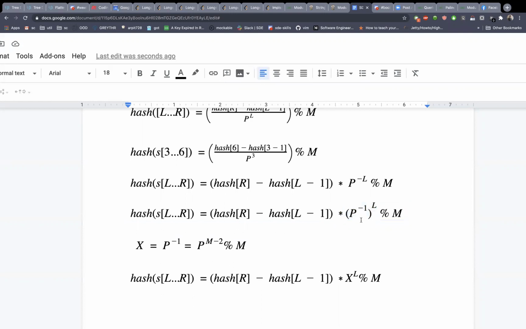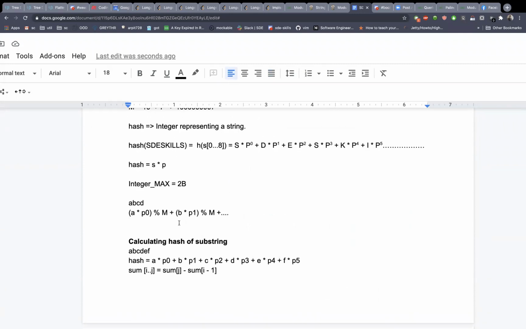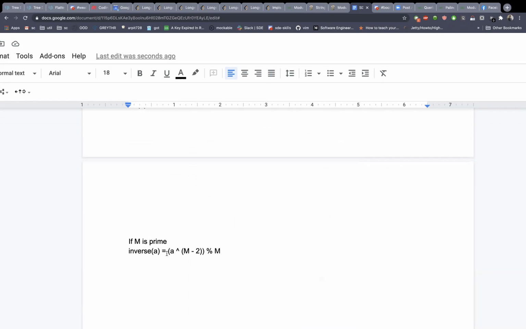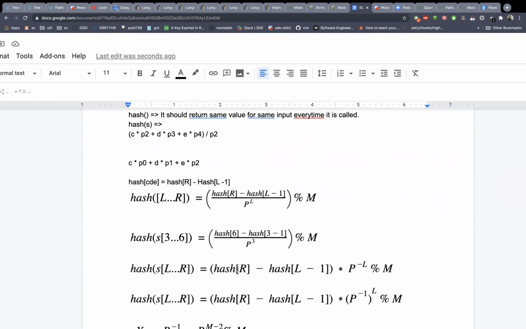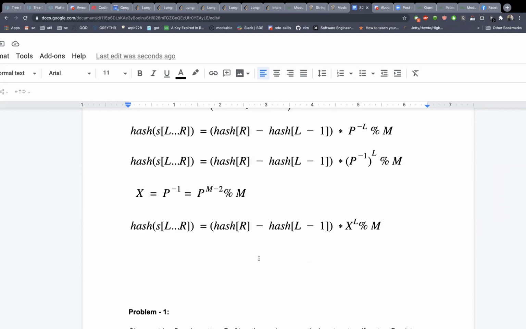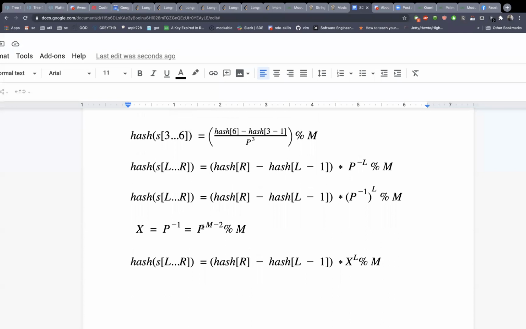Now we have the mechanism which we discussed earlier to calculate the inverse of any number, the prime modulo inverse formula: M minus 2, raised to m minus 2, modulo m. If we call P inverse as x, then we can calculate x as P raised to m minus 2 modulo m.